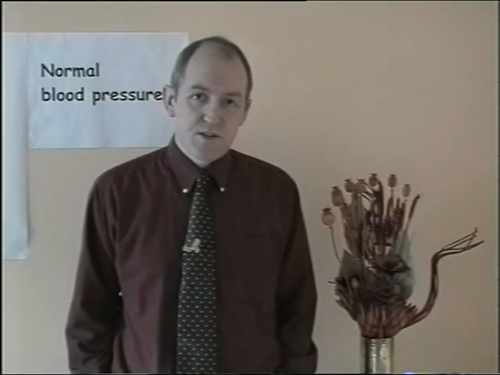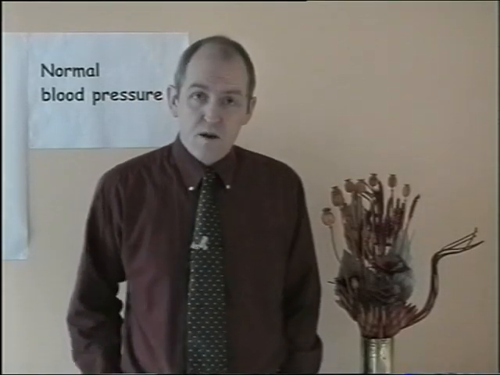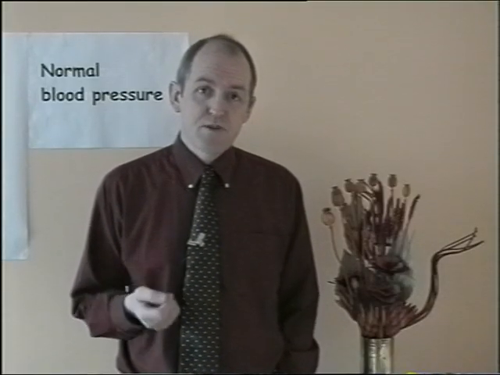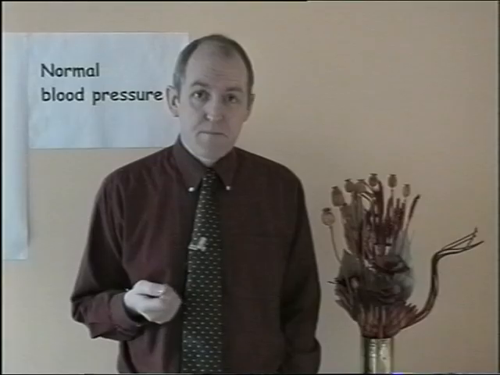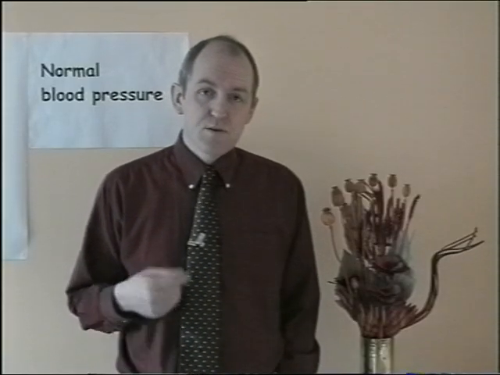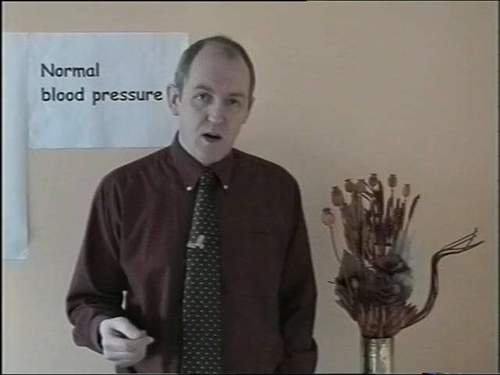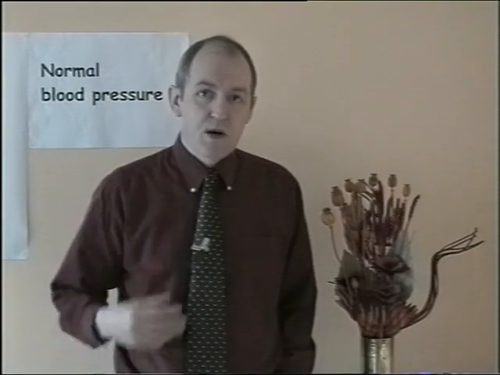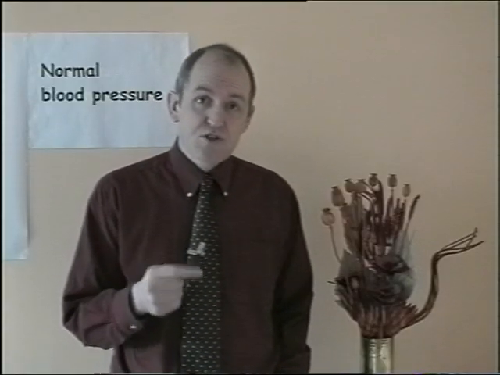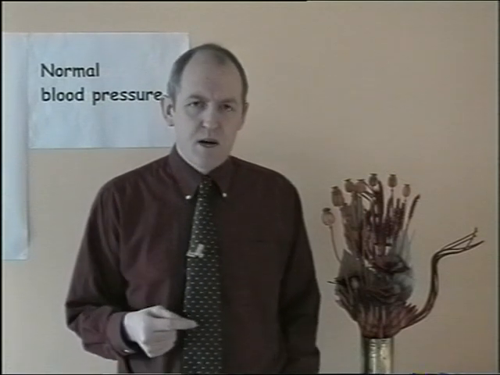Now, the next one I want to mention is clinically quite important. When the levels of oxygen in the blood start to drop, if a patient is becoming hypoxic, then this will stimulate the activity of the vasomotor centre to increase blood pressure. The heart will go faster and the blood will be going around the body much more quickly. Now the reason for this, if you think about it, is to try and compensate for the hypoxia.